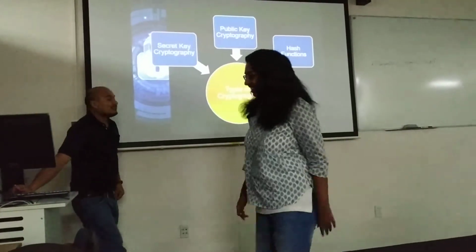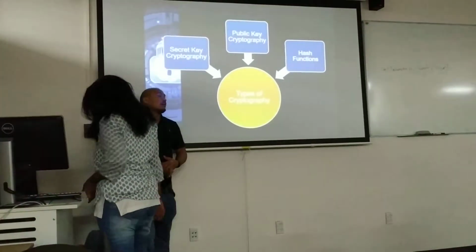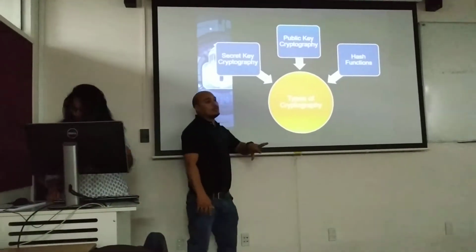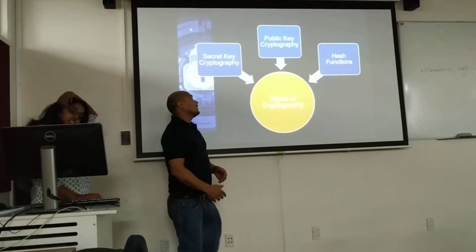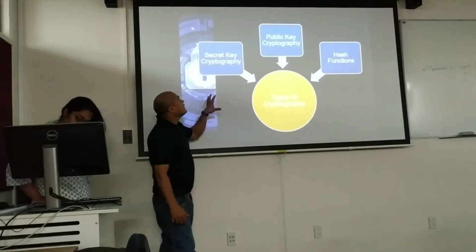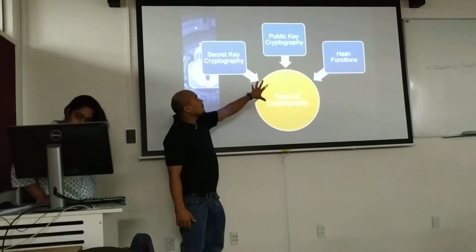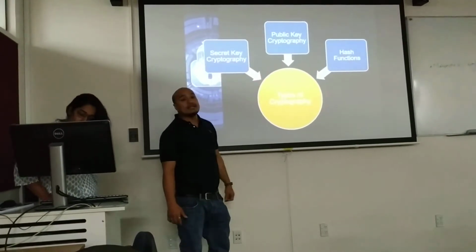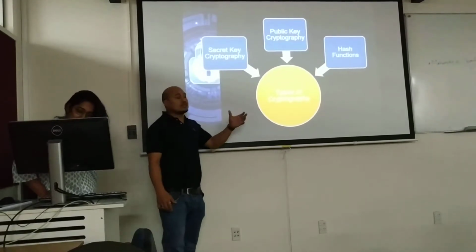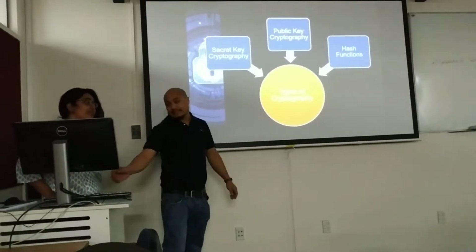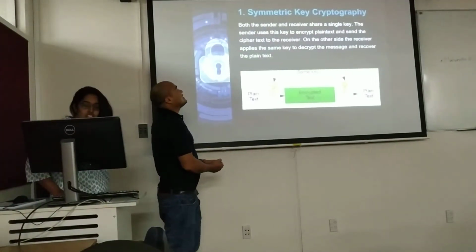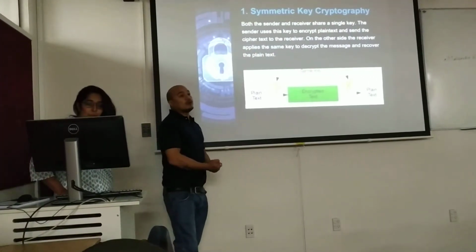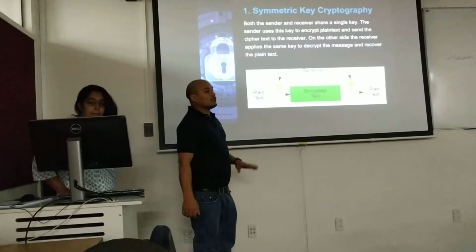Yeah, thank you. Actually, talking about cryptography, we get three different types of cryptography. The first one is secret key cryptography. The second one is public key cryptography, and the third one is hash function, which is quite different from public and private key cryptography. The first one is symmetric, or we also call it private key cryptography.